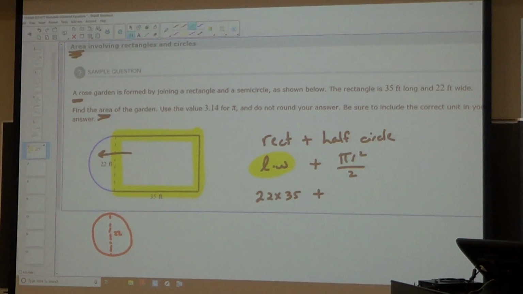What is the radius of my circle? 11. So it's going to be 3.14 times 11 squared, and we're going to cut it in half. This answer plus this answer is going to give me my final answer.